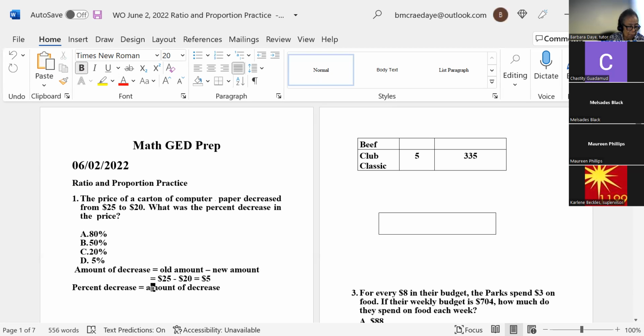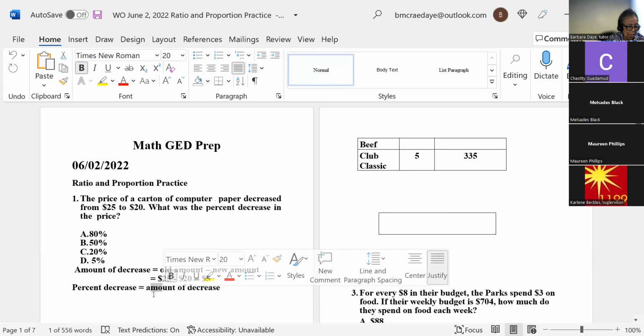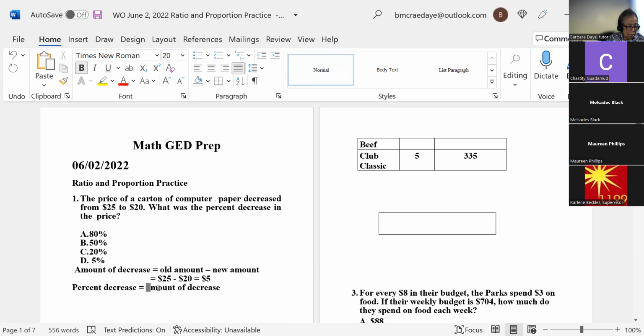Let's just put that over the old amount, and you can tell me what that answer is. Amount of decrease over the old amount, always the old amount, the original.